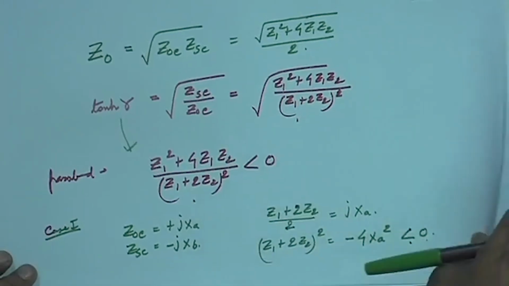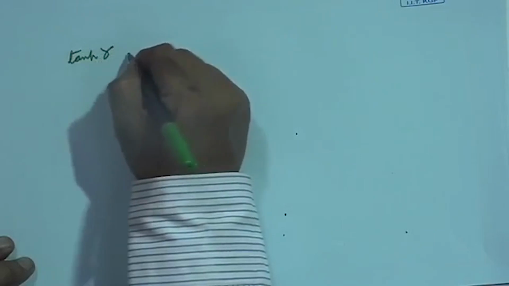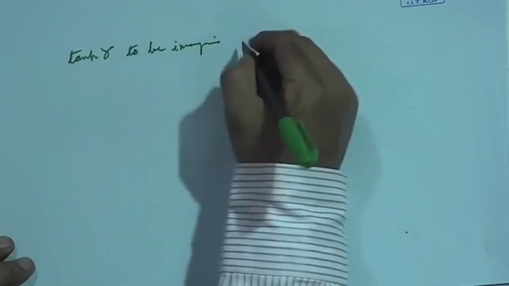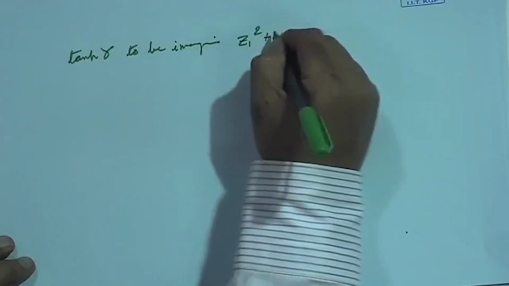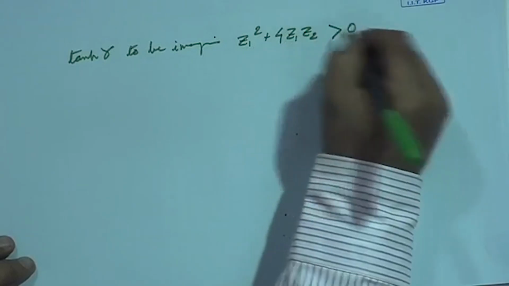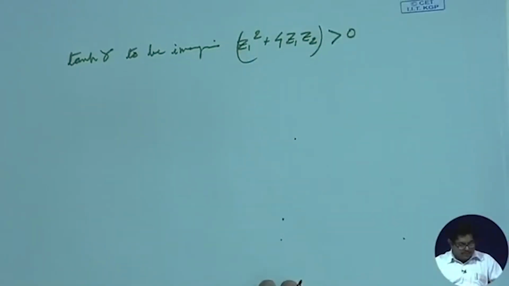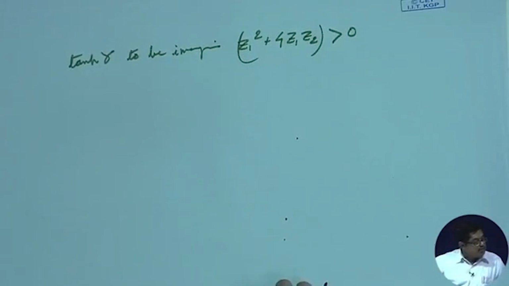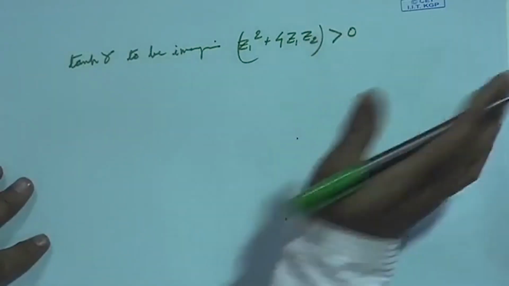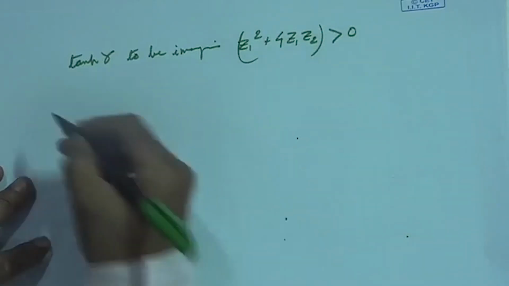So for tan gamma to be imaginary, Z1 square plus 4 Z1 Z2 needs to be greater than 0. So this is from case 1.